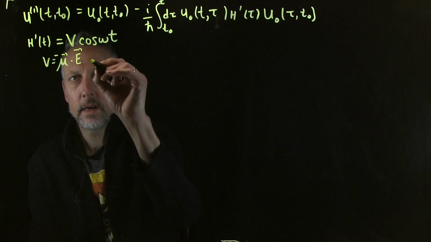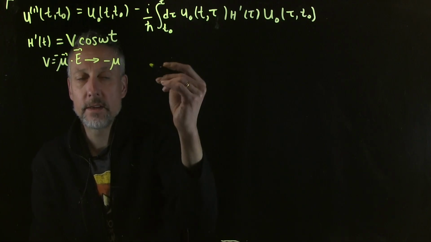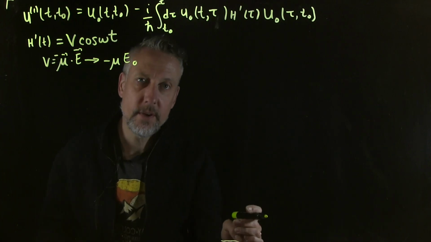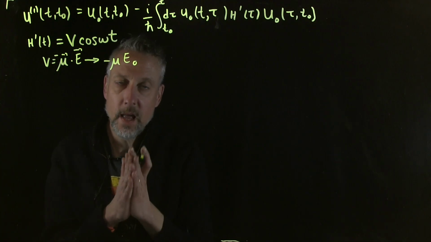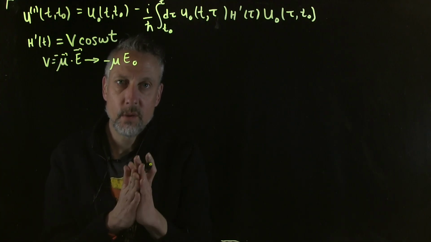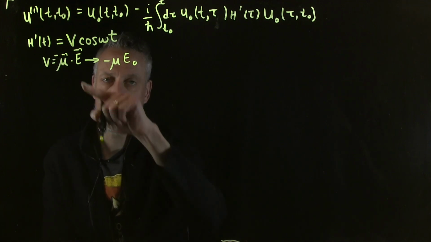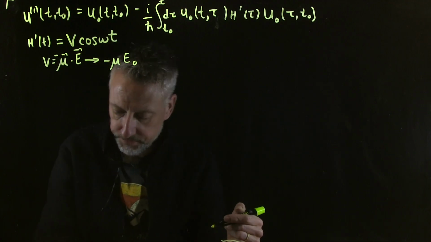We're going to extract this a little bit and make it minus mu, the magnitude, times the magnitude of the field. So basically what we're saying is, let's make this simple for ourselves and have our field aligned along the dipole moment of the molecule. So we know that the scalar product is as big as it can be. And then we're only looking at that component of the field.